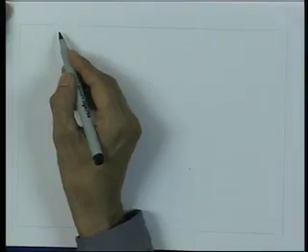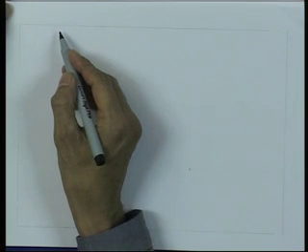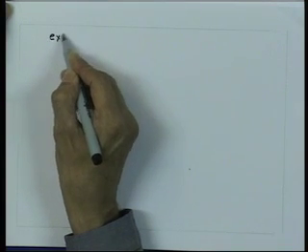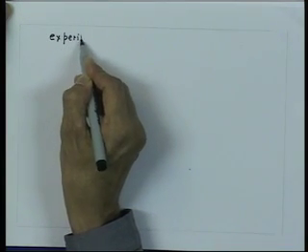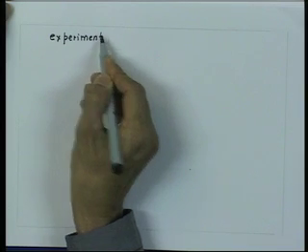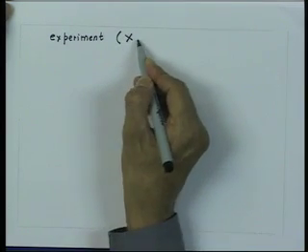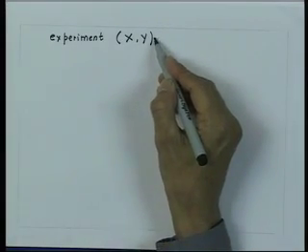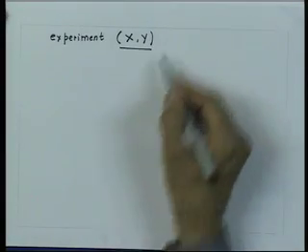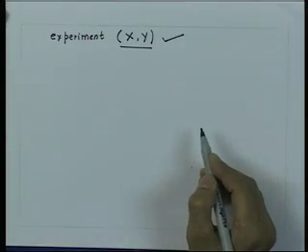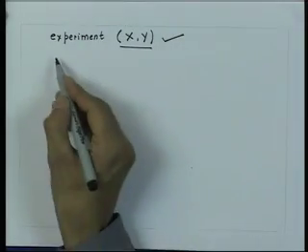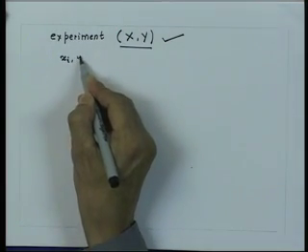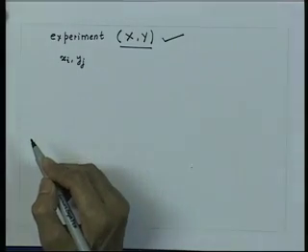So, I can formulate in many cases experiments which have two outcomes. I will say that an experiment having two outcomes is denoted by, let us say, x and y. So, x and y, this way, denotes an experiment. Now, the outcomes of this experiment are the values xi and yj.